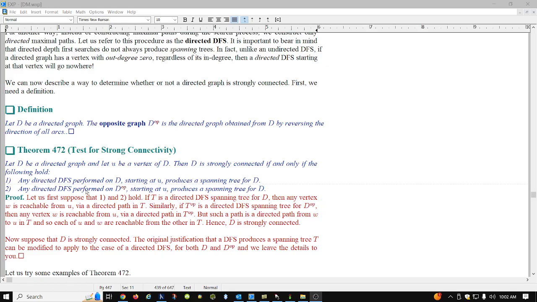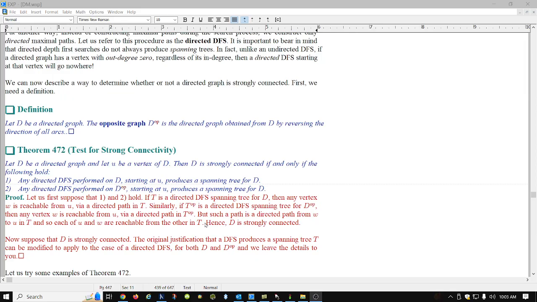And here is a test for strong connectivity. D is a directed graph and U is a vertex of D, any vertex you choose. Then D is strongly connected if and only if two things happen. Any directed depth first search performed on D starting at U does in fact produce a spanning tree, in other words, it reaches all the vertices of the graph.